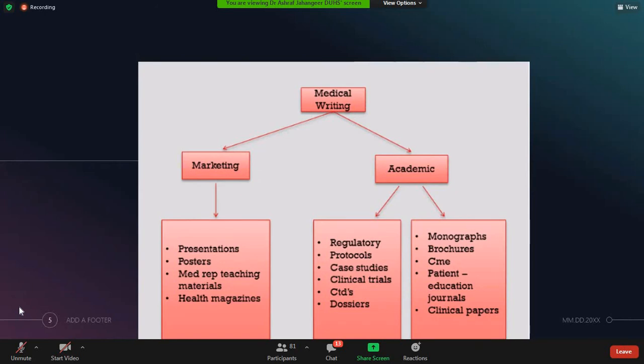And academic writing could be in the form of some regulatory writing, such as you are working for a regulatory body such as NICE or NCOC in Pakistan, or PHRC, Pakistan Health Research Council, and they ask you to write the guidelines for safe injection use. That writing is still medical writing, but with a different perspective, the regulatory perspective.